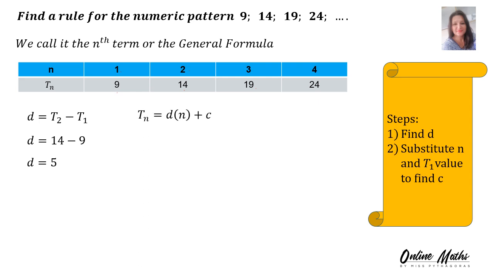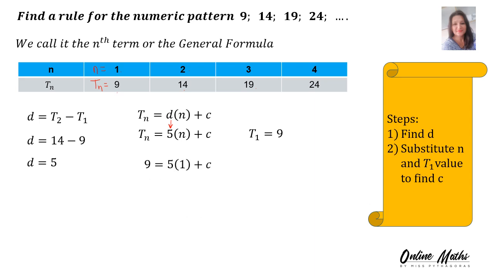Then into the formula, Tn is equal to Dn plus C. Now to work out C, that is what step 2 means, we zoom in on term 1. On term 1, n is equal to 1 and Tn is equal to 9. Then we substitute D, the constant difference, and T1 is equal to 9.